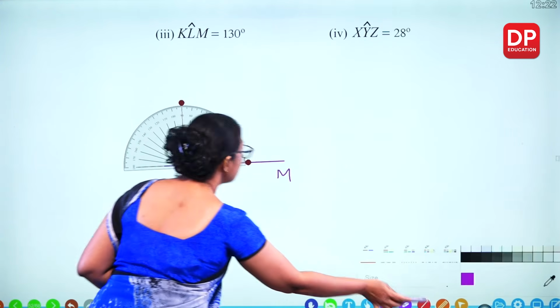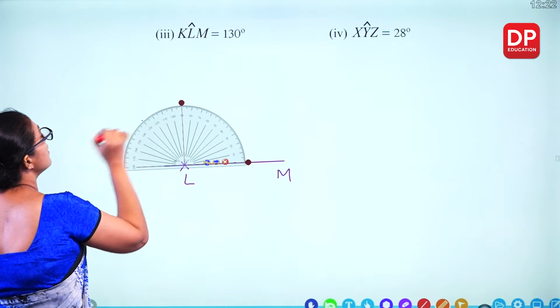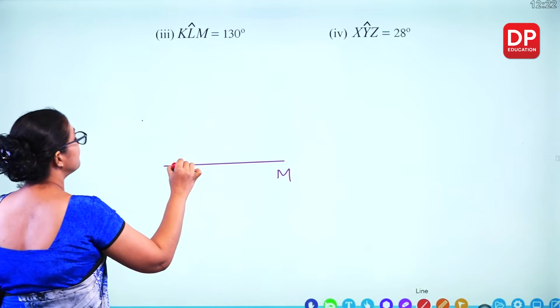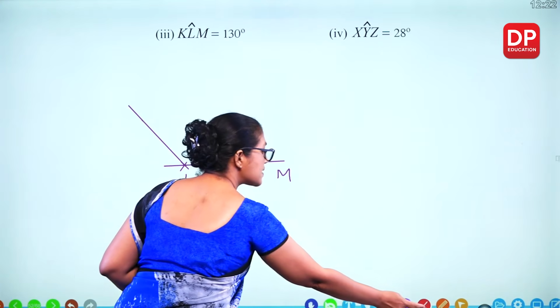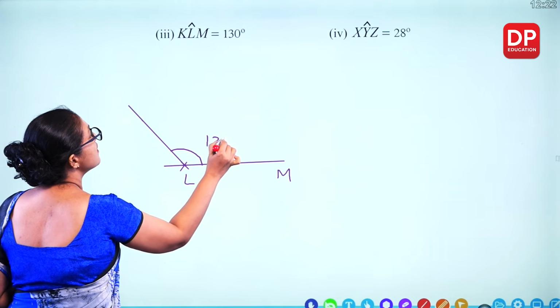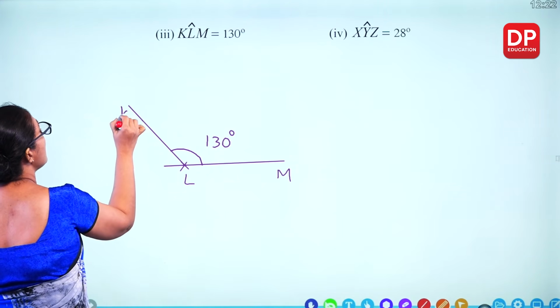So 130, you can measure here. Draw the line now. So this angle is 130 degrees. So KLM.